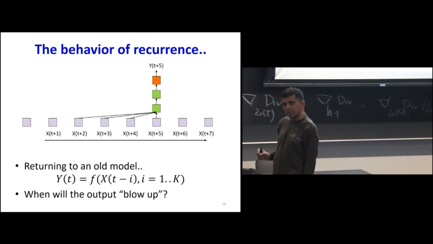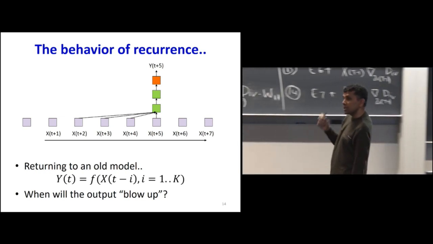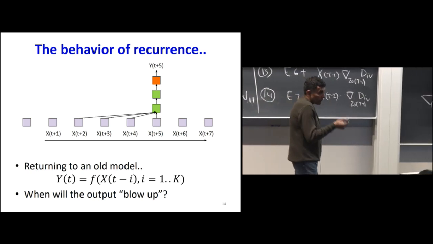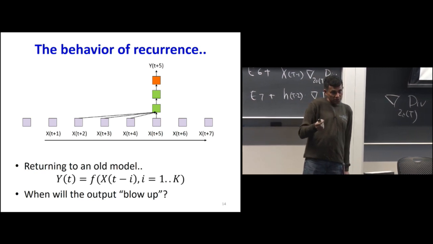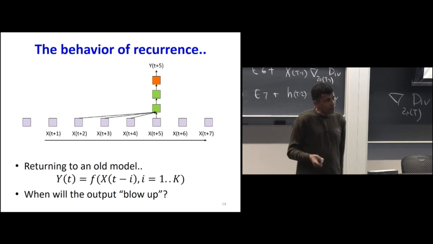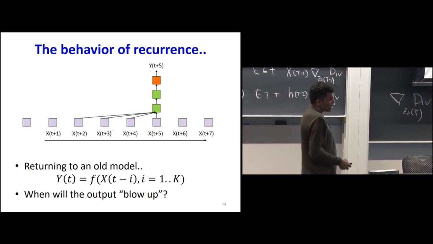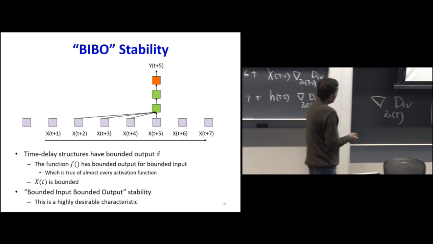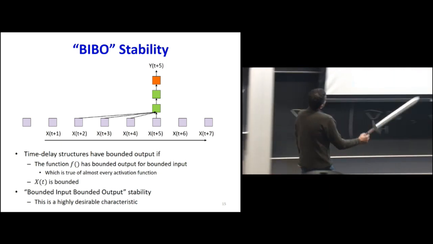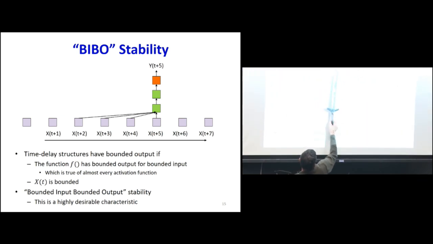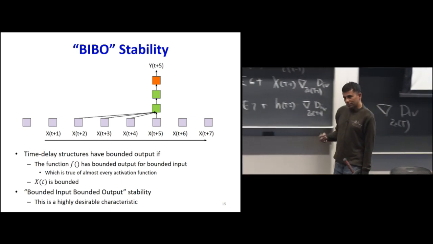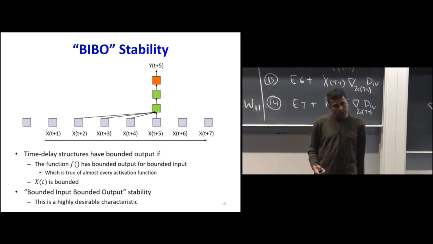If the input is bounded, the output is never ever going to just go off to infinity, because you're combining a fixed number of inputs, right? So because you're combining a fixed number of inputs, the output is limited in the largest value it can take. This is what we will call BIBO stability, which is to say bounded input, bounded output stability. It's a highly desirable characteristic, and you would like your structures to be BIBO stable.